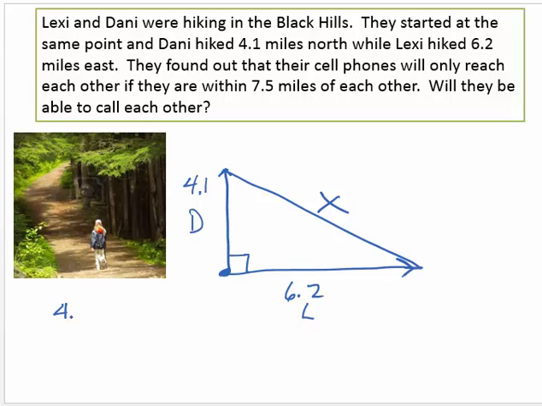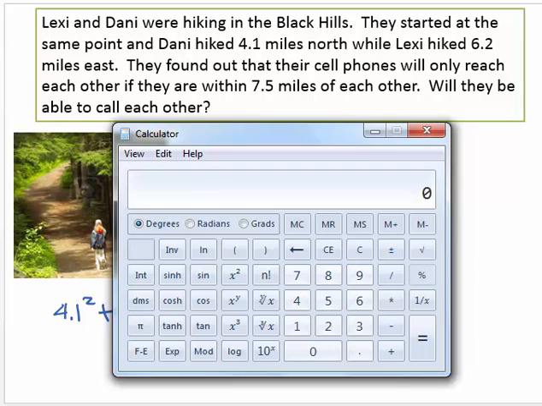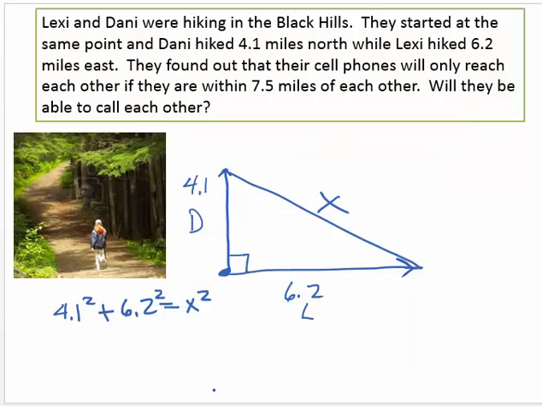So we go leg squared plus leg squared equals hypotenuse squared. I'm going to bring my calculator up and we will solve this problem. So I need to find out what 4.1 squared is. That's 16.81.